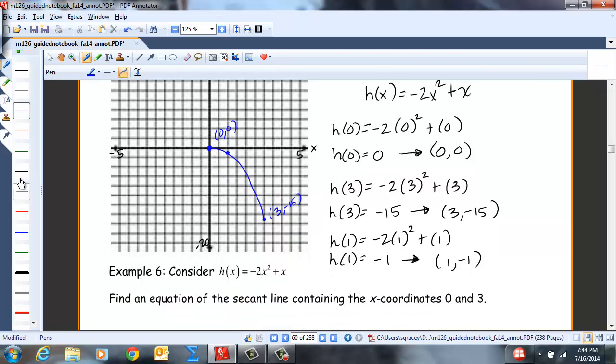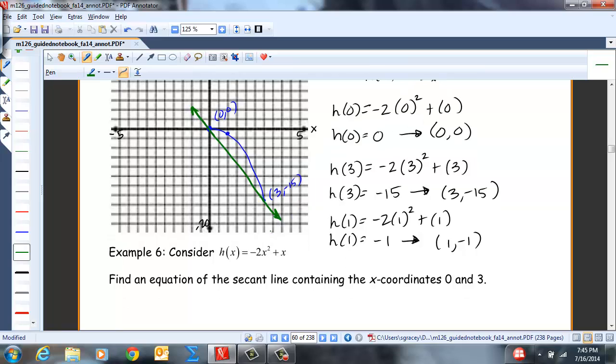Okay. Now, we're going to be looking for the equation of this secant line. So I'll do the secant line in green. And if you just draw the secant line, it's going to look like this. Whoops, a little bit off. Okay, so we want to find the equation for this secant line.